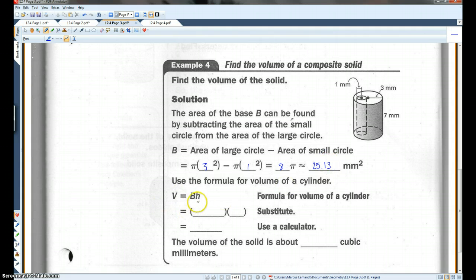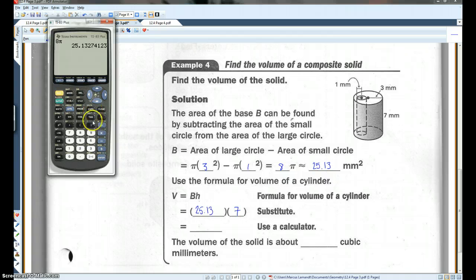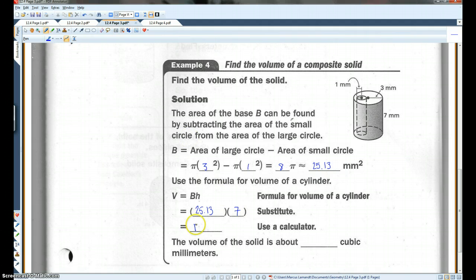So, the volume is the base, capital B, 25.13, times the height being 7. I'll multiply these two together. 175.93. So the volume of the solid is about 175.93 cubic millimeters.